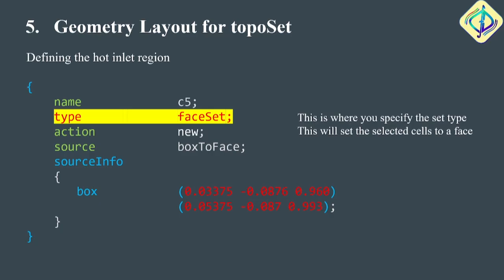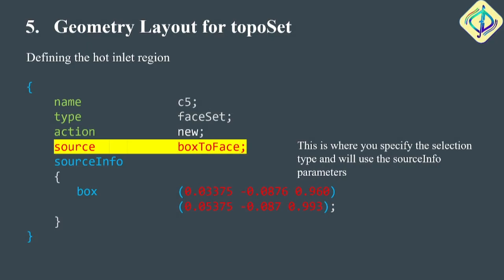For now we are using the type face set because we want to define it as a face. Action is again new because we are defining a new face. And under the source type, instead of using box to cell, we will use box to face. You saw that in the source types that I listed previously in the table. So over here we're going to use the box to face type.